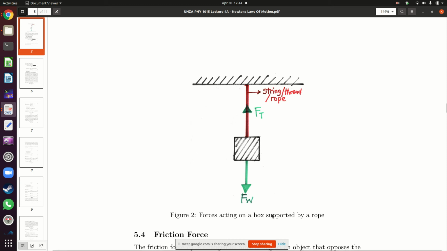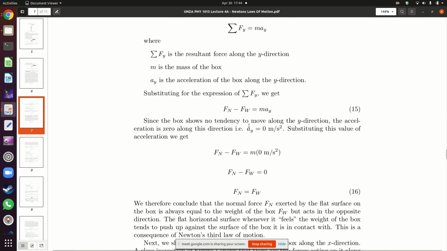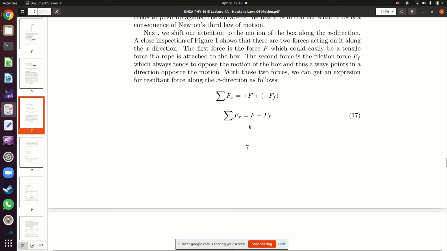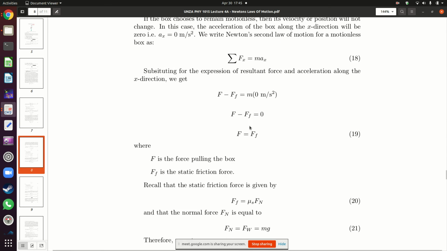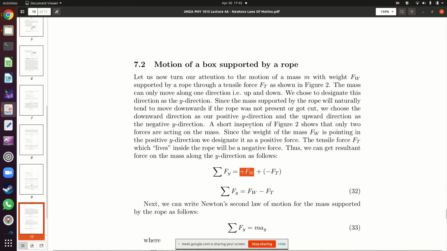So in the case of a mass hanging and supported by a rope like this, it makes sense to choose down to be positive, then up can be negative, and that's what I have done. The result should not really change. It depends on what you have chosen to be positive and what you have chosen to be negative. In my case, I've chosen the direction in which the box would normally move to be positive, and the opposite of that to be negative.